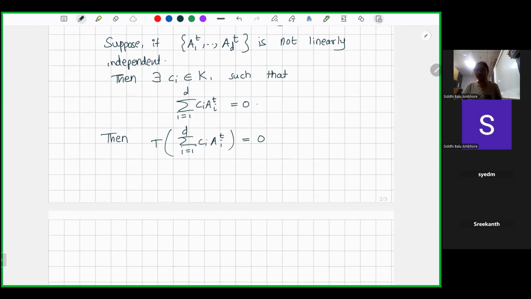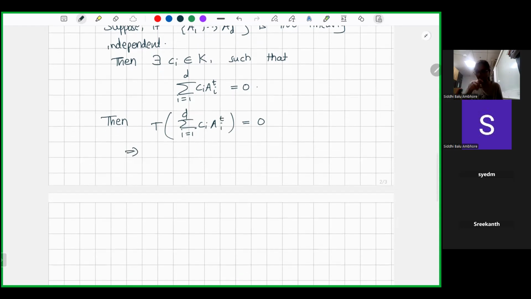I mean, 0 anyway goes to 0. So this implies that the summation, i from 1 to D, of c_i A_i transpose, whole transpose, is 0.